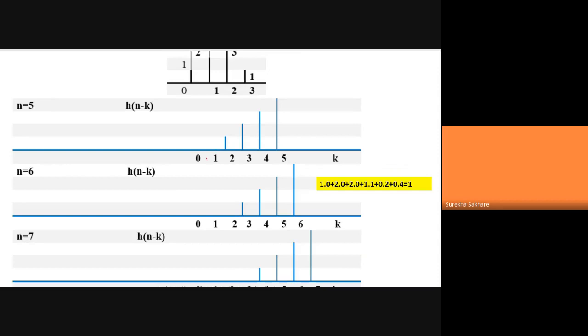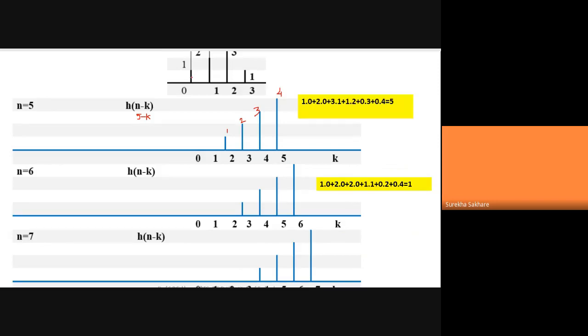How about this one? N equal to 5. This is h of 5 minus k. Is it not? So that means again one shift from 0 to 1, now 1 to 2. This is a 2. So just check value at this. This is 1, this is 2, this is 3, this is 4.